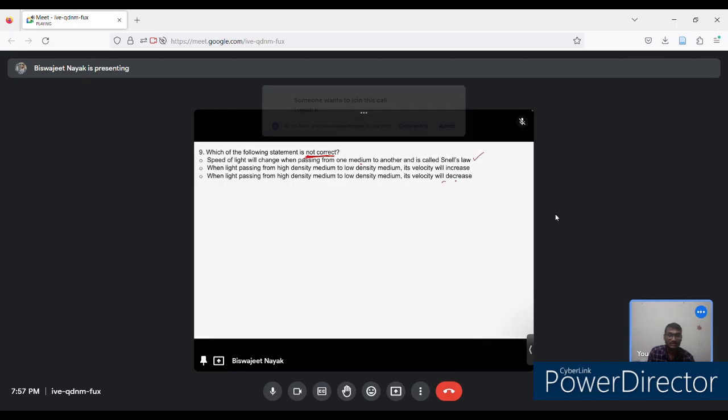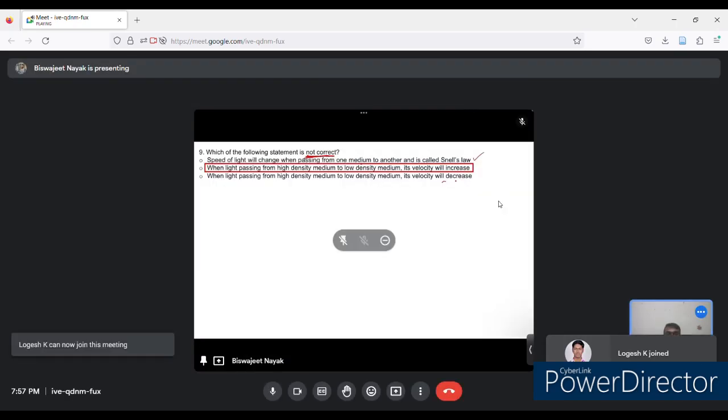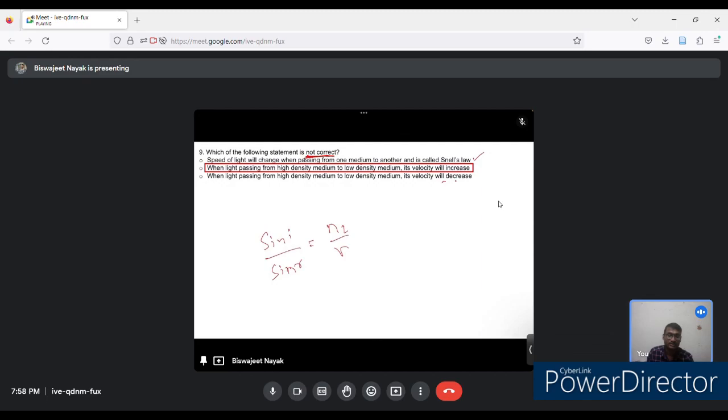Where is this coming from? Sine i by sine r equals n2 by n1 equals v1 by v2. For high density, the velocity should be less, and when it is low density, it should be high.